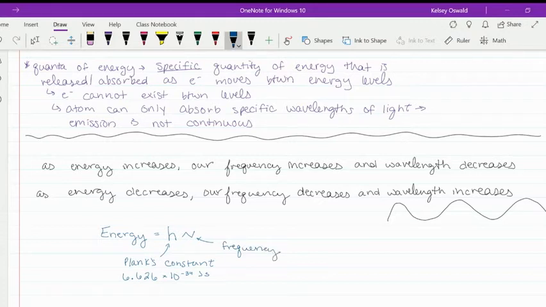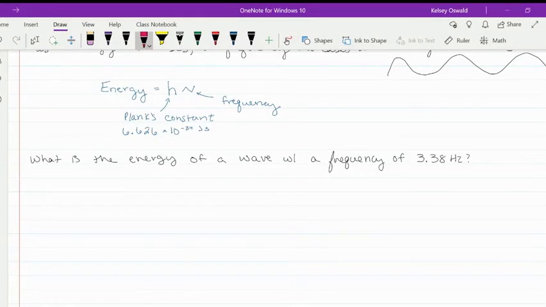Okay, so let's look at an example of a wave whose frequency is 3.38 hertz. Remember, frequency we always want to have in hertz. So if we look at our equation, E is equal to h times our frequency. So our energy is equal to 6.626 times 10 to the negative 34 times our frequency, which in this case is 3.38 hertz.